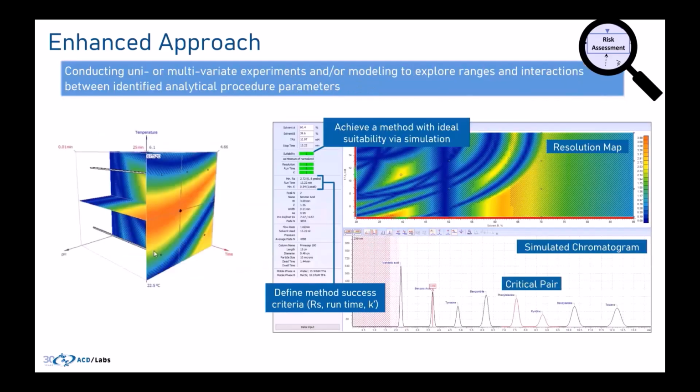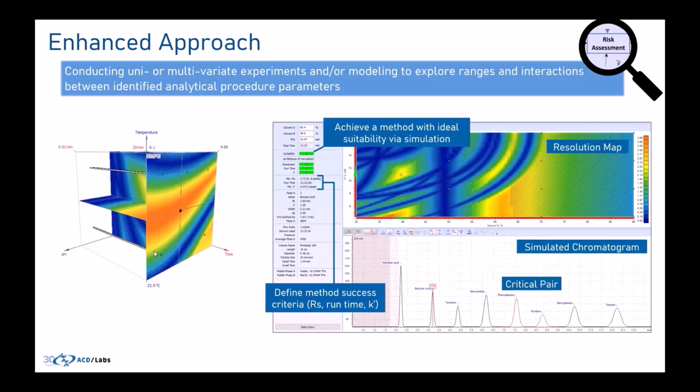Now, in this case, let's look at the point that relates to modeling for risk assessment. During optimization, using scouting runs, you collected the software samples of the entire chromatographic design space. By creating this design space, you can simulate separations to predict the impact of adjusting method conditions without the need to perform countless experiments.